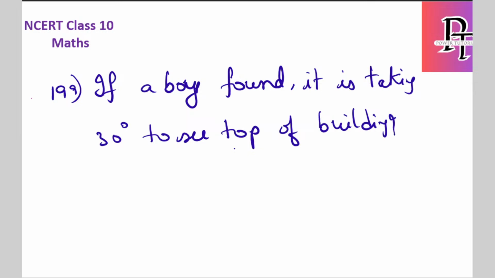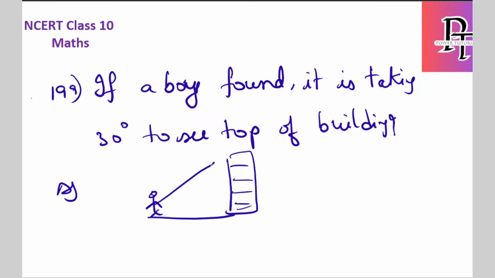So he is simply saying that we have a boy who is on the ground and he wants to see the top of a building, and he found that the angle is 30 degrees. So in this question, they are asking what the angle is called. What is the angle named? Because we have two types of angles, angle of elevation or angle of depression.